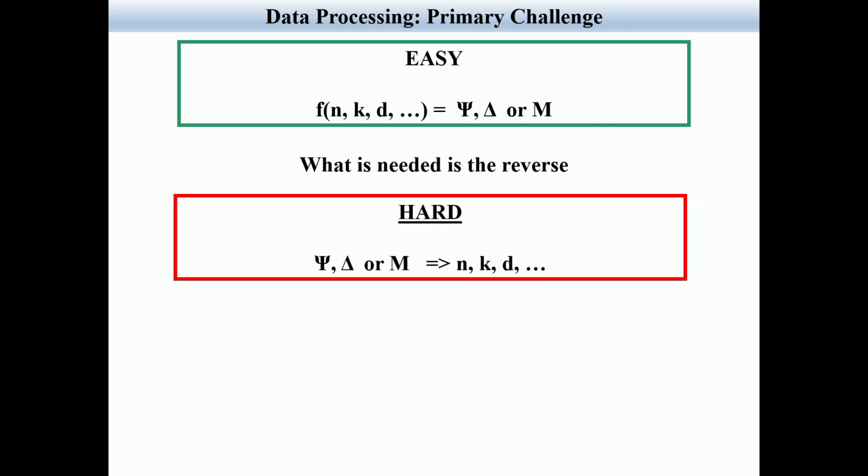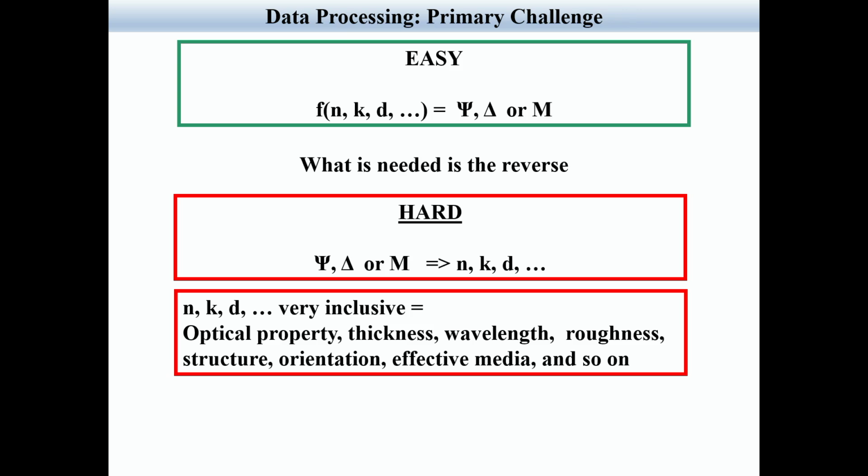And that is not easy. So going the other direction is not easy, from measurement to property. And by N, K, and D, I mean optical property, thickness, wavelength, roughness, structure, orientation, effective media, and so on and so on.